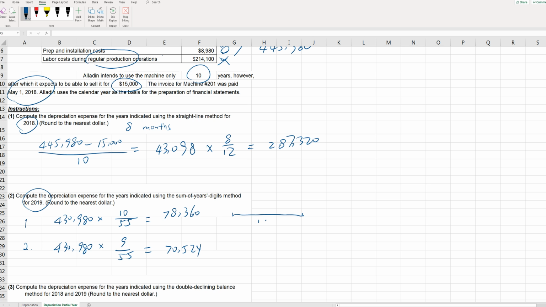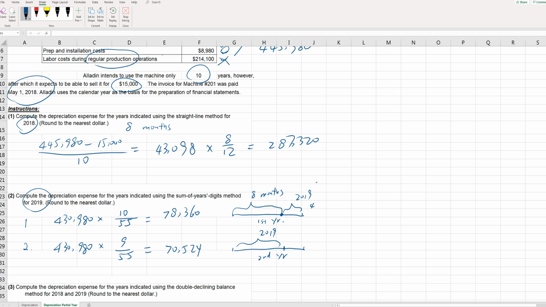Right, for example, this is the first year depreciation. The 2018 is going to cover the 8 months right here, and then this is the end of 2018. Then the 2019 depreciation is going to cover the rest of 4 months from the first year usage, and then another 8 months from the second year depreciation.